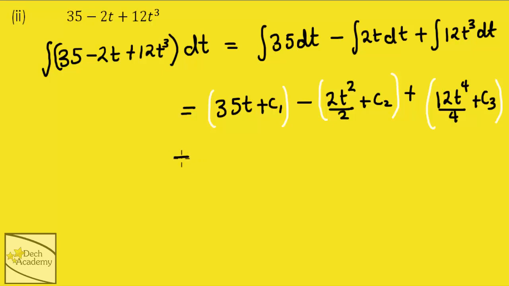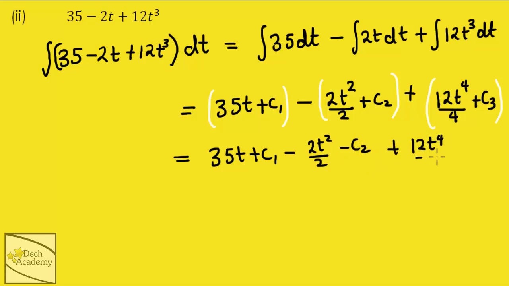And that gives 35, so I'm dropping brackets now, 35t plus c1 minus 2t squared over 2 minus c2 plus 12t to the 4 divided by 4 plus c3.